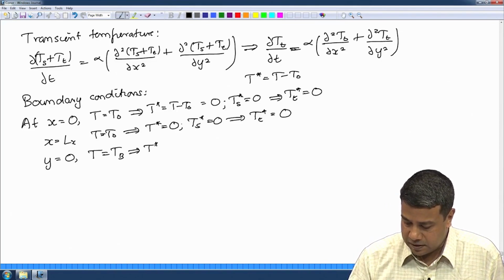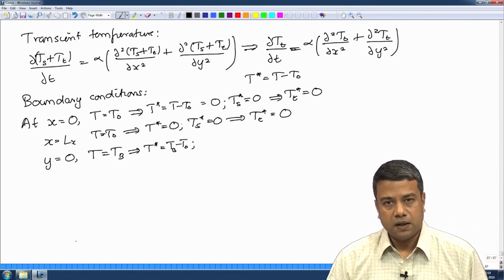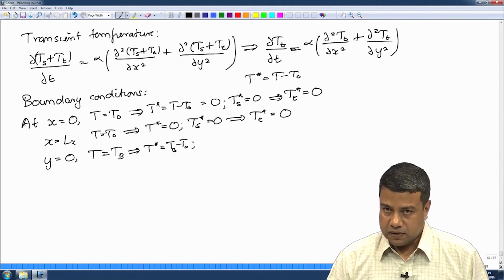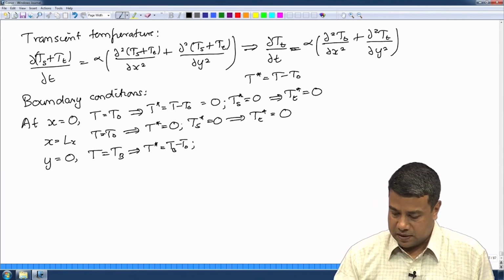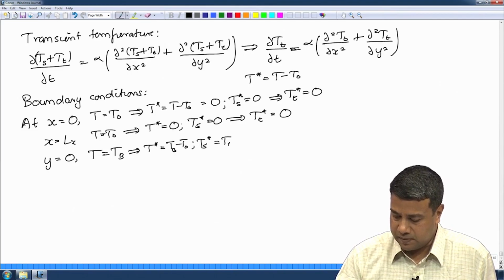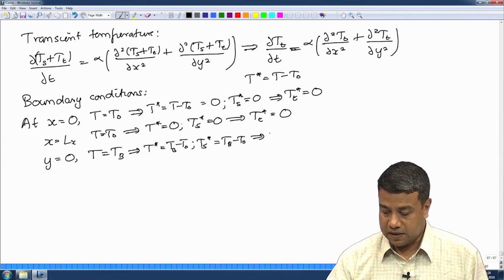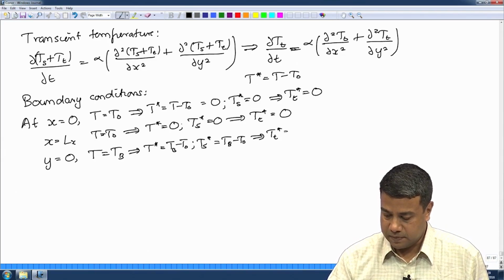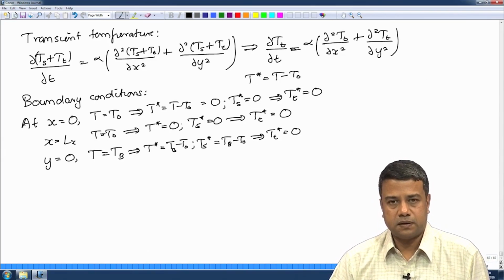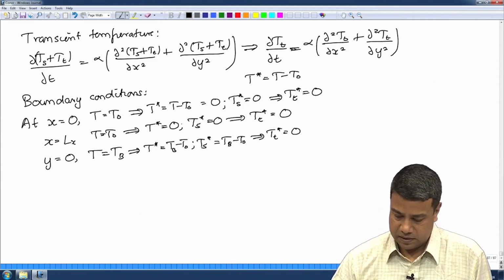Which means that T star is equal to T minus Tb minus T naught. The steady part also we had solved with the same equation. T steady is also equal to Tb minus T naught. This implies that the transient part has to be equal to 0, because the transient part plus the steady part has to add to the total temperature.